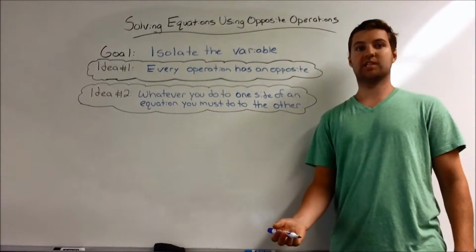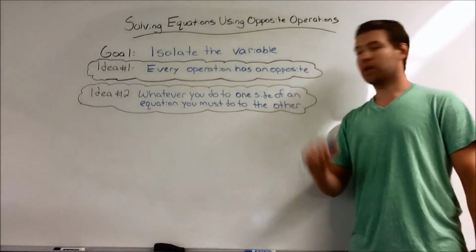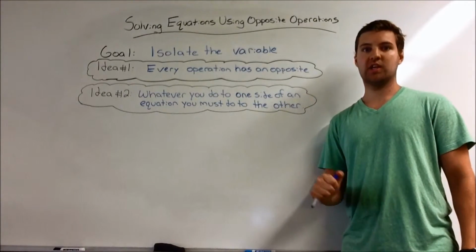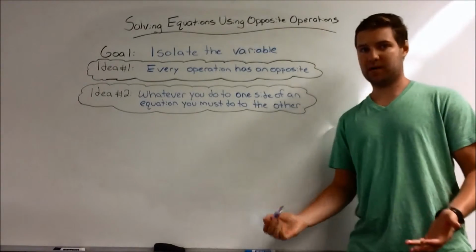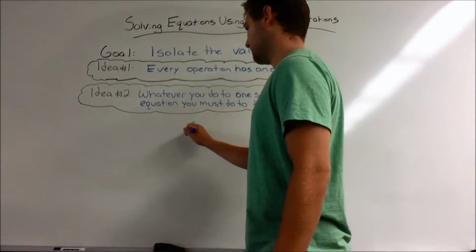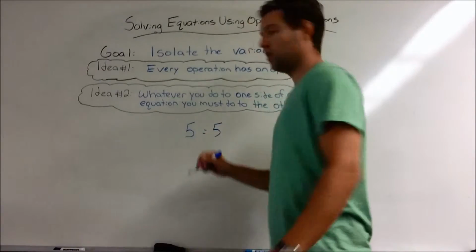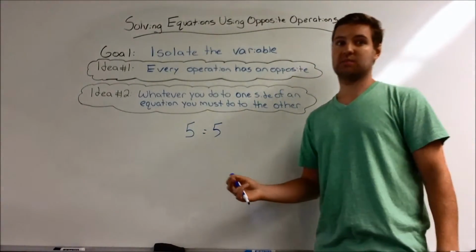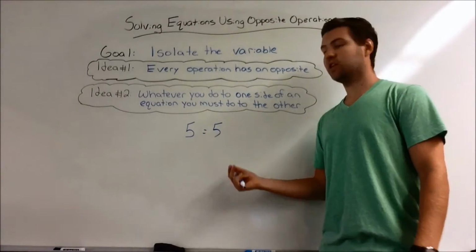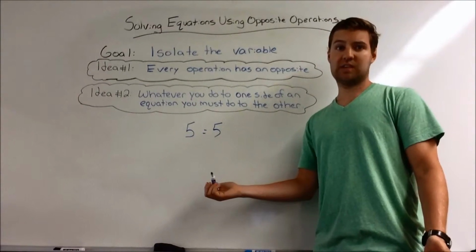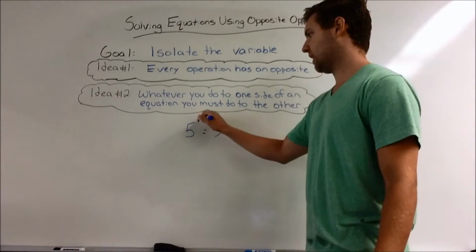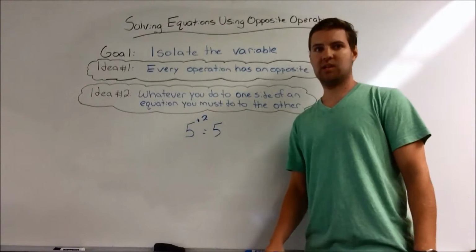Our second idea that we're going to use is this. Whatever you do to one side of the equation, you must do to the other side of the equation. So remember, equations are like balances. Let's pick an equation, 5 equals 5. Right now, this equation is balanced because both these sides are equal. Let's say we wanted to change this side of our equation. 7 is my favorite number, so let's say I wanted to add 2 to make it 7.